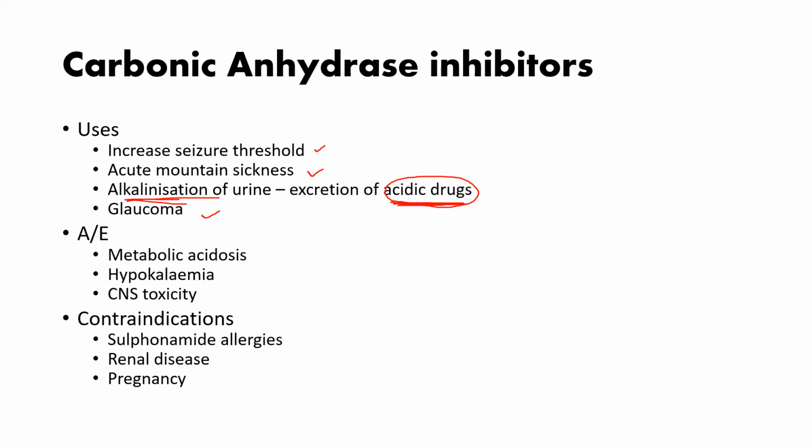And then for adverse effects, we have obviously metabolic acidosis, as I've mentioned from the previous slide, as we are just peeing out our bicarb. And then we have hypokalemia. We get our hypokalemia as our sodium has to travel all the way through the entire nephron. You know, because we were just at the level of the PCT, so that sodium that's not being reabsorbed has to go all the way through the nephron.